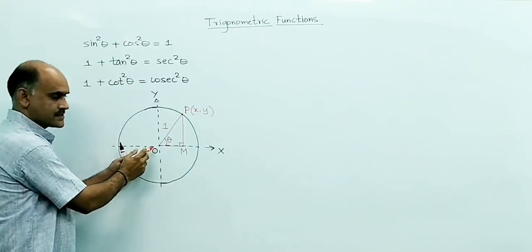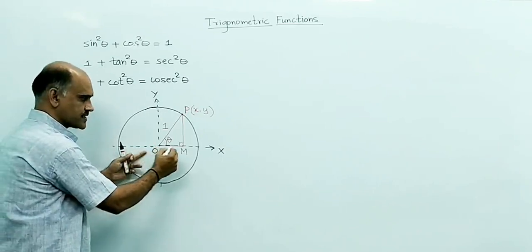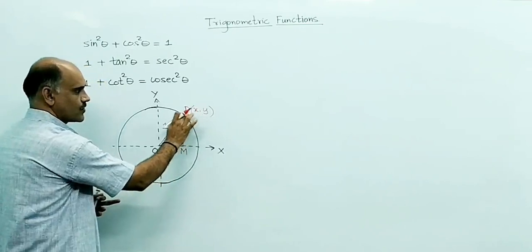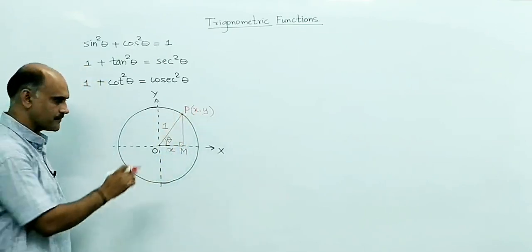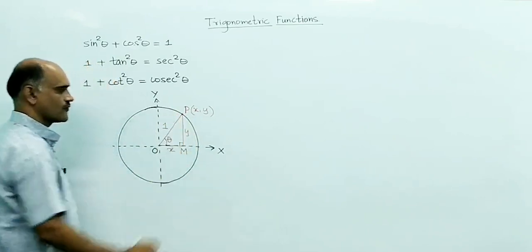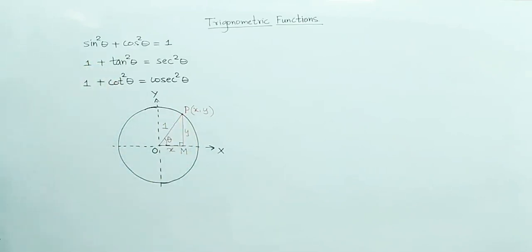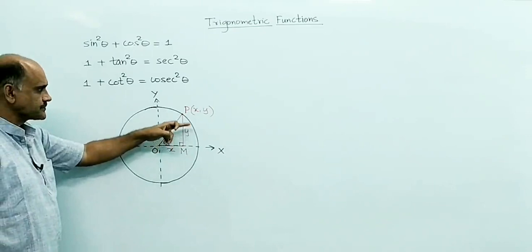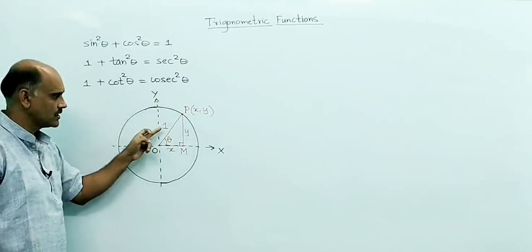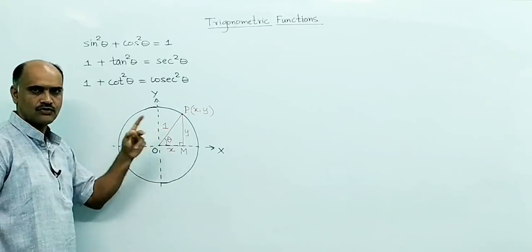Taking O as origin, the distance along the x axis, OM, is equal to x, the coordinate of this point P. PM is equal to the y coordinate of point P. So, there is a circle with center O and radius 1 unit.